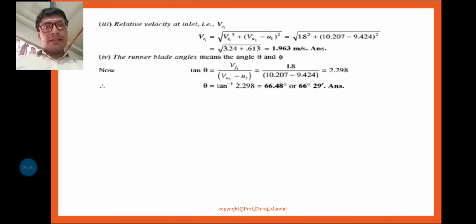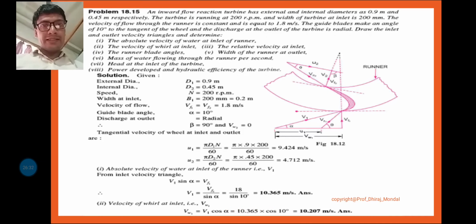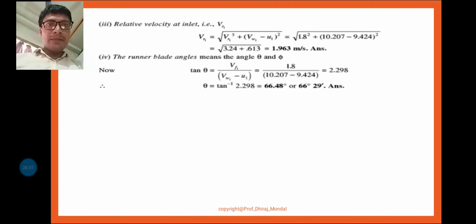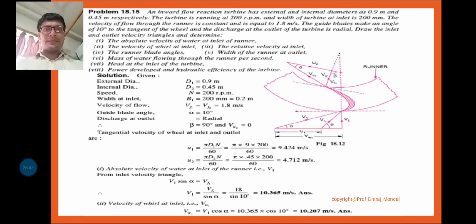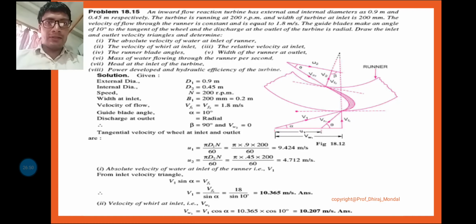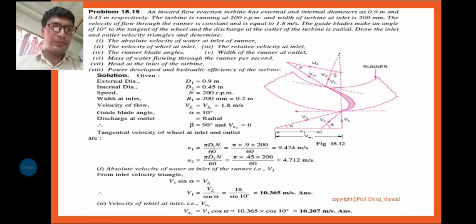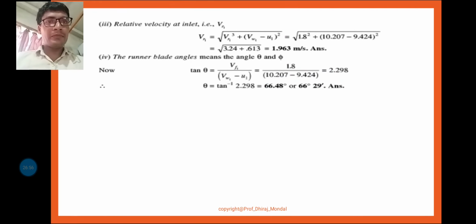Now you need to find out the relative velocity, because question number 3 is the relative velocity at inlet. So the relative velocity at inlet is Vr1, and how can we calculate it? By the help of the Pythagoras formula. Vr1 can be written as root over Vr1 square plus (V1 minus U1) whole square.